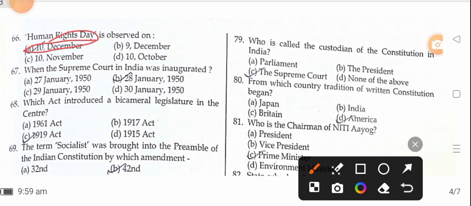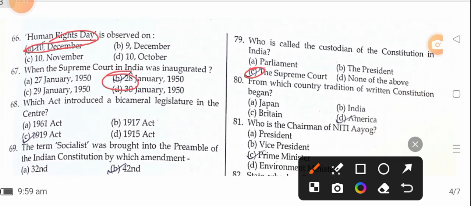Why do we celebrate it? Because on 9 January 1915, Gandhiji returned from South Africa. That's why 9 January is considered Pravasi Bharatiya Divas. Who is called the custodian of the Constitution in India? Supreme Court. The Supreme Court of India was inaugurated on 28 January 1950.